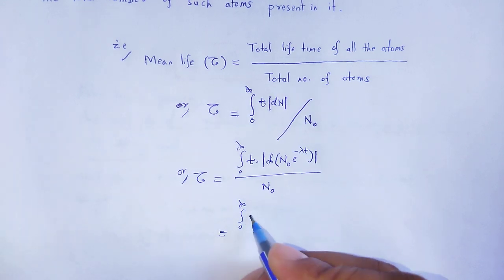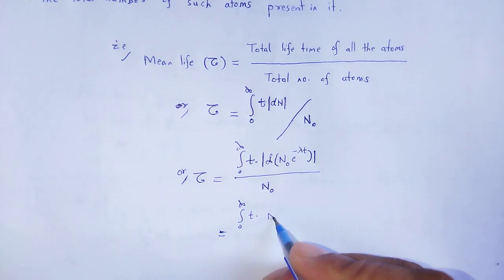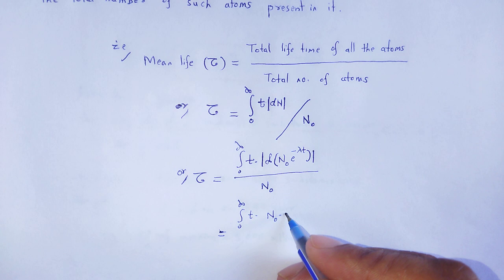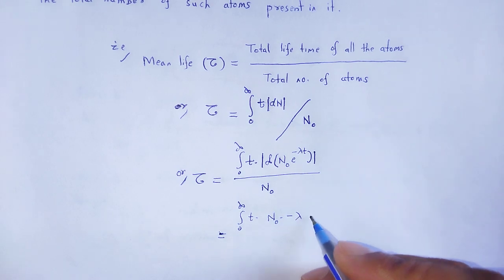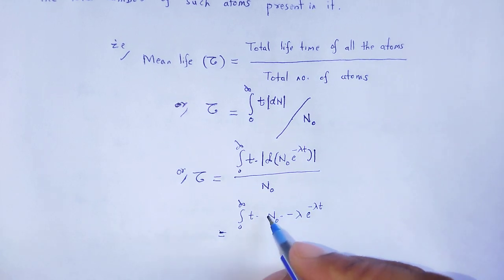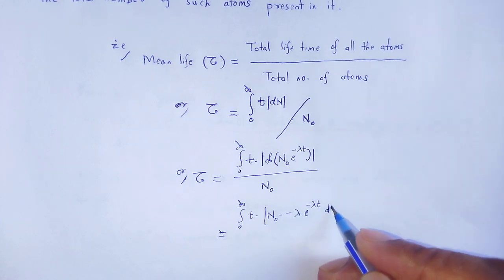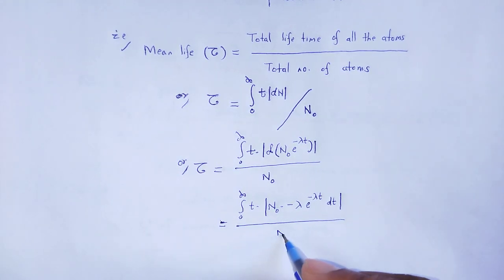integration over 0 to infinity of t into the differentiation of that, n naught minus lambda e to the power minus lambda t into dt, its magnitude, divided by n naught.